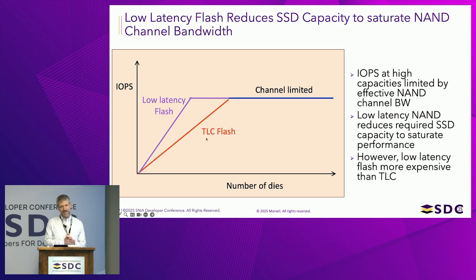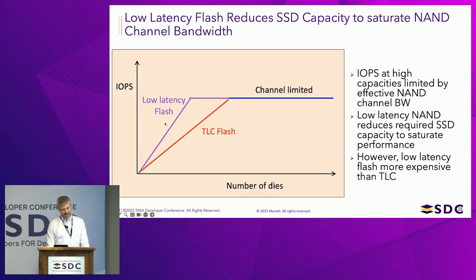As you increase the number of dies, the random read IOPS go up. But at one point, you hit the limit of the NAND channel, which is given, as I have shown before, by the number of NAND channels, the NAND interface speed, and the NAND efficiency.